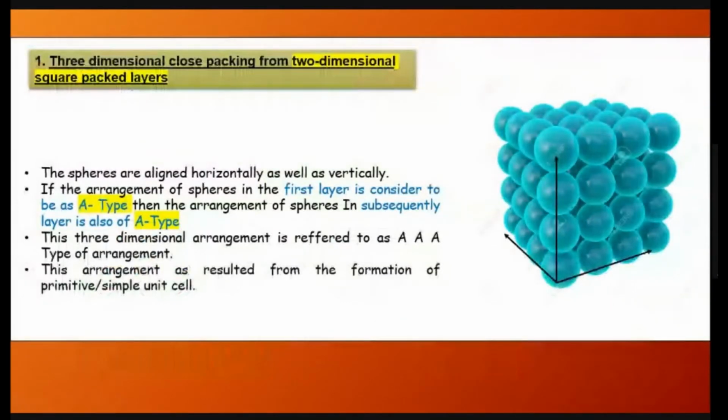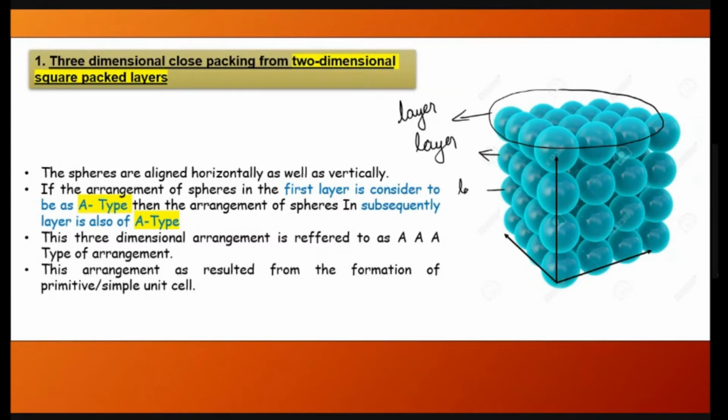Here the spheres are aligned horizontally as well as vertically. You can see this picture. So this entire thing is one layer, and right below this you have one more layer, and under that you have one more layer.